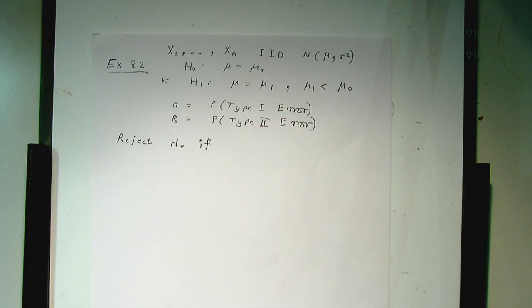You have ideas? Come on, guys. What is the rule for rejecting H0 in this case? This is where you need to look up in the notes, guys.